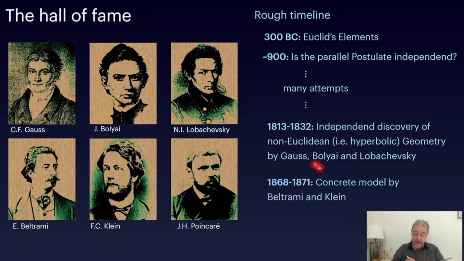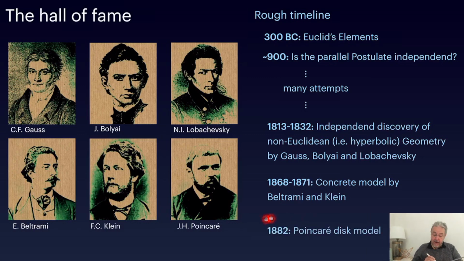And a few years later, Beltrami and Klein gave interpretations in terms of what we would today call Cayley Klein geometries, and even a few years later, Henri Poincaré gave another nice model in terms of what today is called the Poincaré disk model.